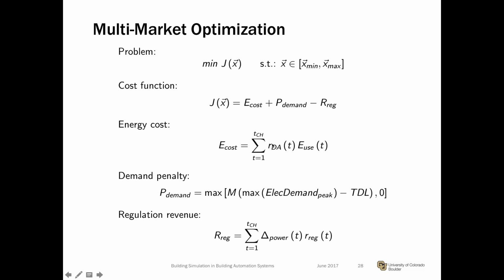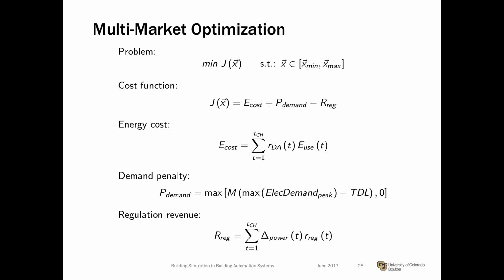The energy cost is a function of the day-ahead energy rate, RDA, and the regulation revenue is also a function of the time-dependent regulation price that we're capturing by offering this service. The demand penalty is 0 if we are below a target demand limit, and if we're above a desired target demand limit, it could have a steep multiplier M, which could drive the problem away from violating this target.